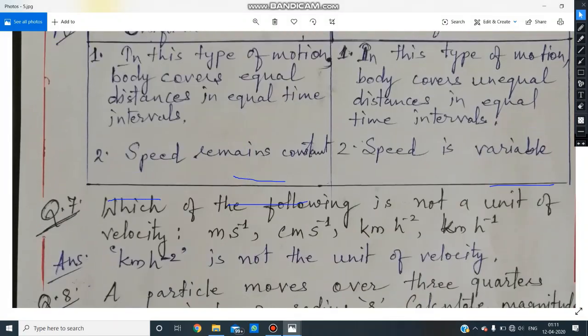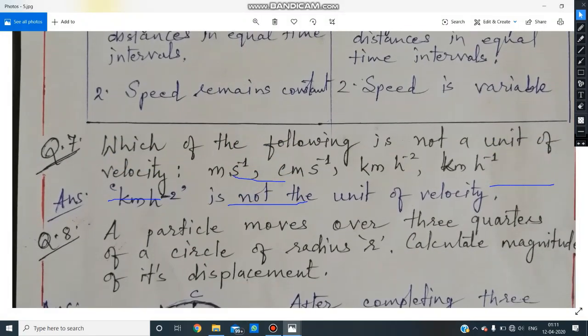Let's move on to the next question. Which of the following is not a unit of velocity? The units which are there in front of you, have a good look over the units. These are meter per second, centimeter per second, kilometer, hour to the power minus 2, kilometer per hour. Now, how do we decide which is not the unit? It will depend on the formula of velocity, which is displacement by time.